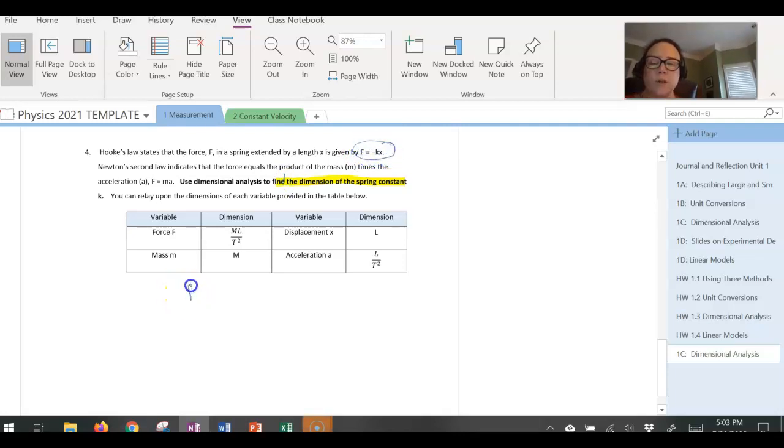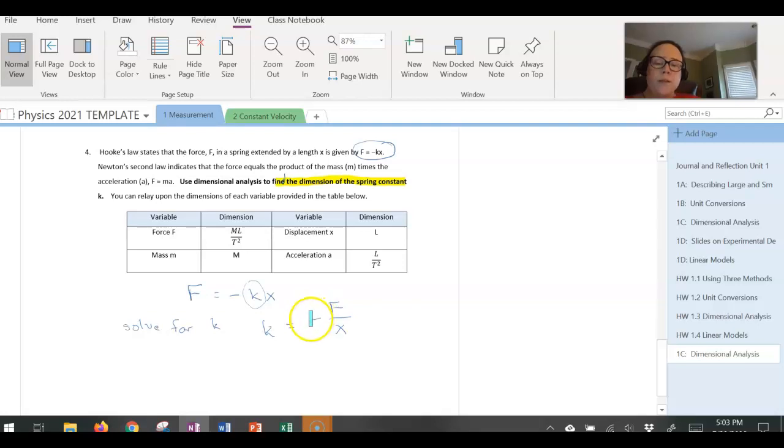I'm going to write the equation: F equals negative kx, and the spring constant is k. So I'm going to solve for that spring constant. So k would be negative F over x.